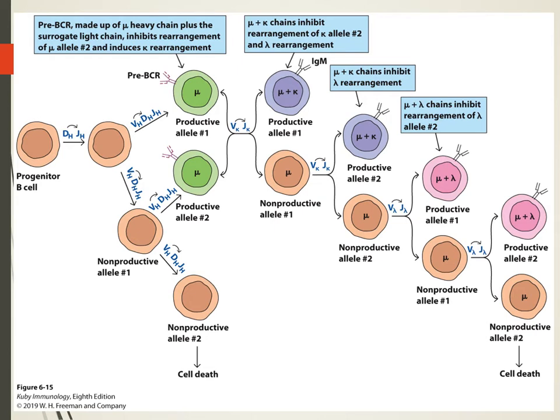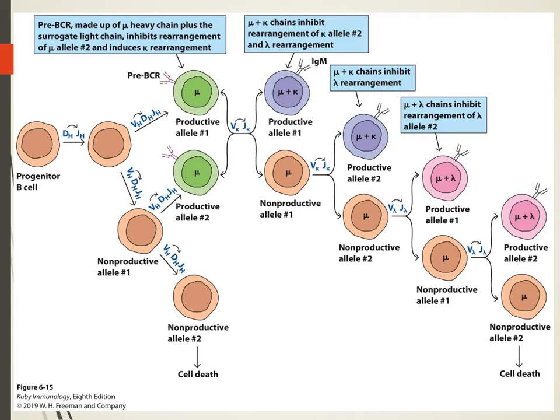If it is productive, then we move forward into producing our surrogate light chain. So then that surrogate light chain, as we can see in the green ones, they would have the pre-B cell receptor. So this is made up of both the heavy chain that has undergone recombination and also the light chain that's just a kind of temporary thing. It's a duct tape. Let's see if it will hold.